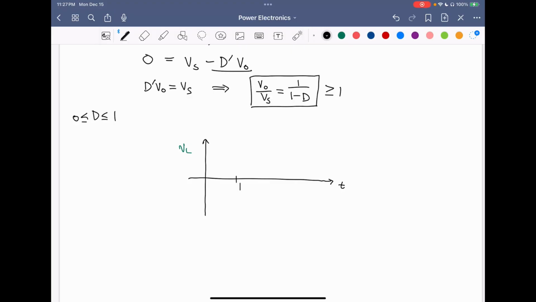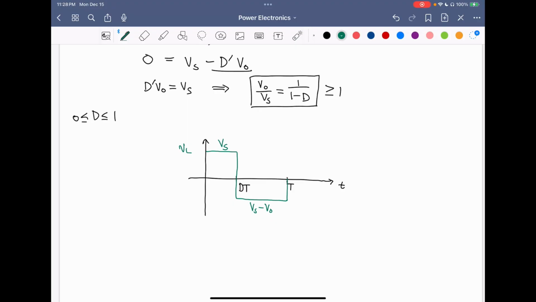And then for the tick marks, we have the dT interval, and then next we have the period T. And during the dT interval, we found that the inductor voltage is positive with value Vs. And then for the D'T interval, we had discovered that the inductor voltage is negative because it's Vs minus Vo, and Vo is greater than Vs.